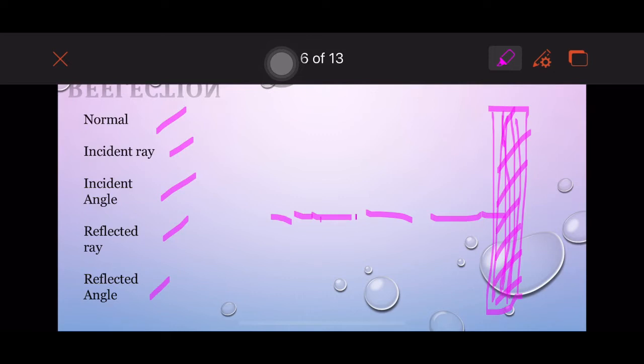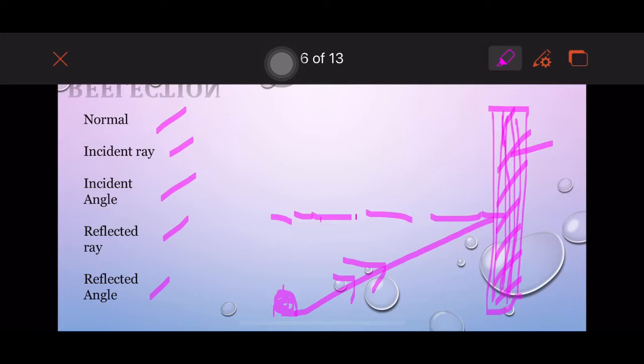Now if we have a source of light over here, and we have a ray of light which is directed to our reflecting surface, we denote that with an arrow just to show the direction of the light.